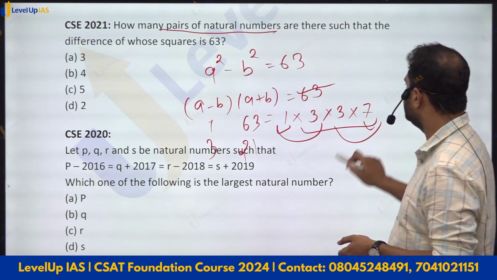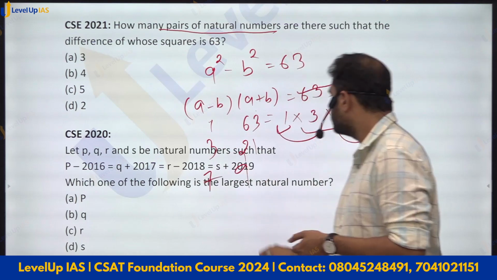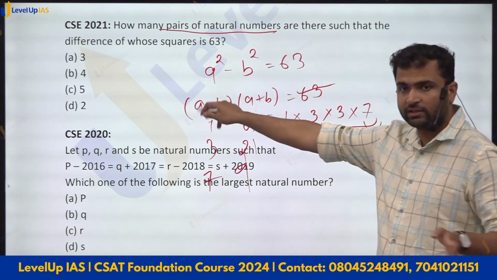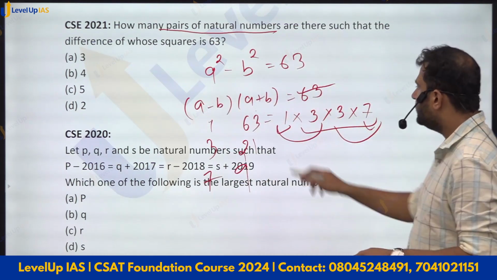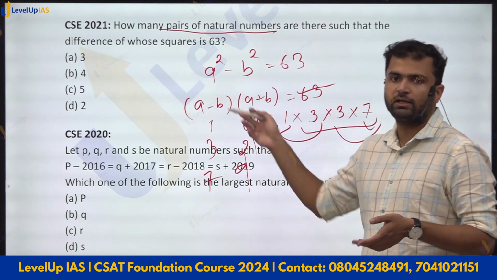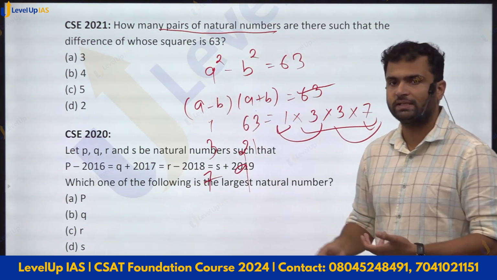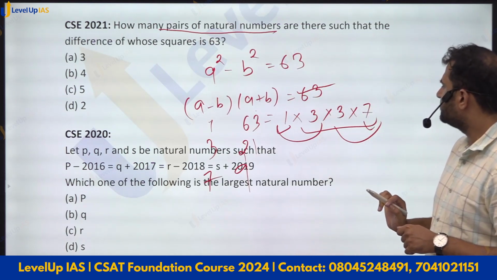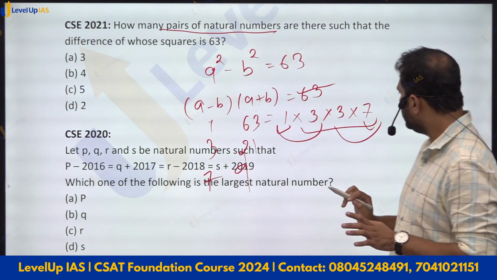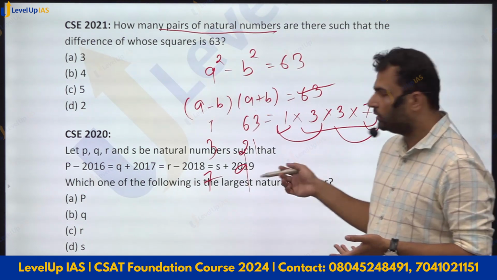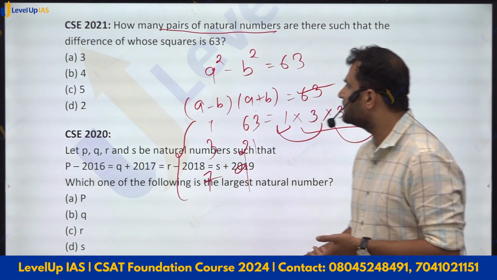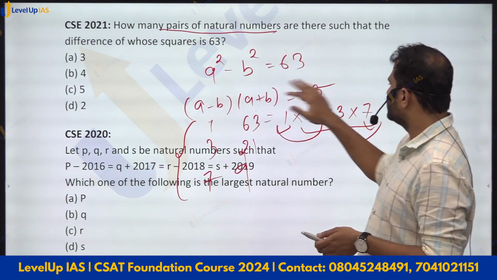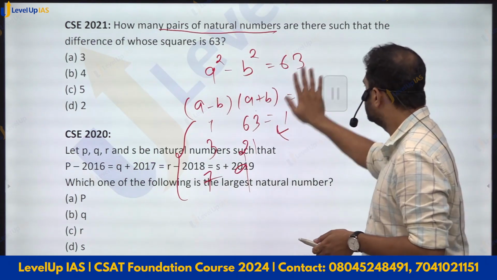Yes, one is 7, one is 9. This quantity is bigger than this, that is given. A plus B has to be greater than A minus B, because both are natural numbers. Is there any other possibility? No, right? So only 3 possibilities. We just have to ensure that we are getting natural numbers in all these 3 cases.